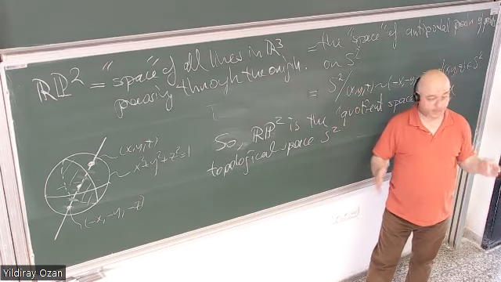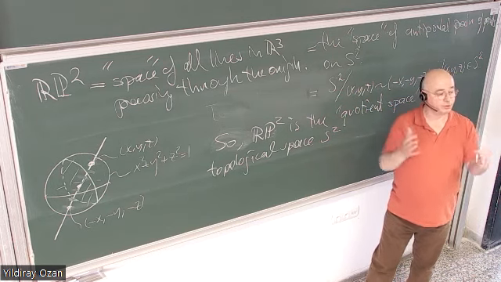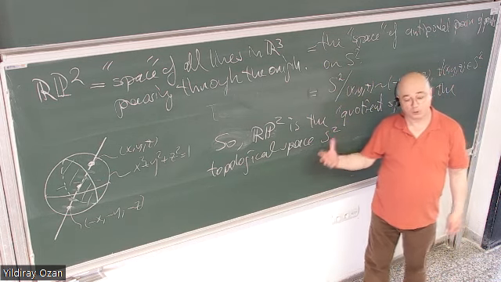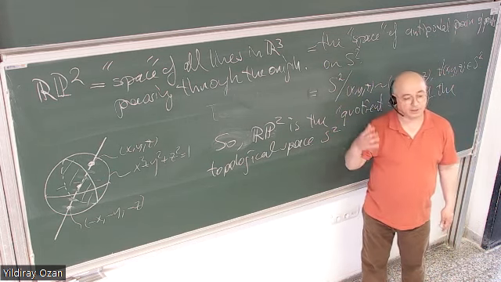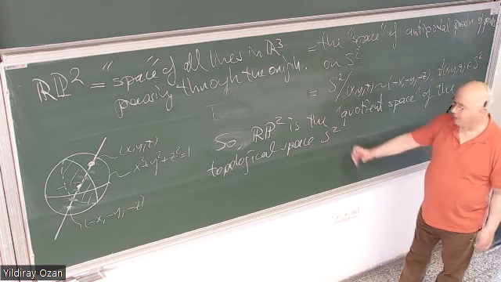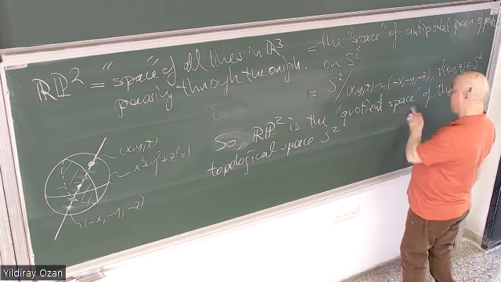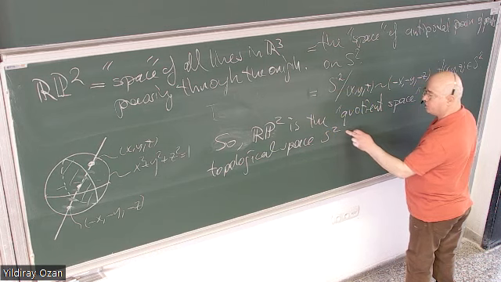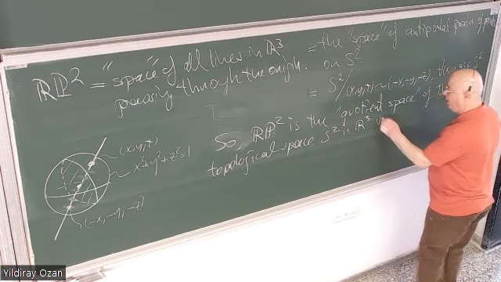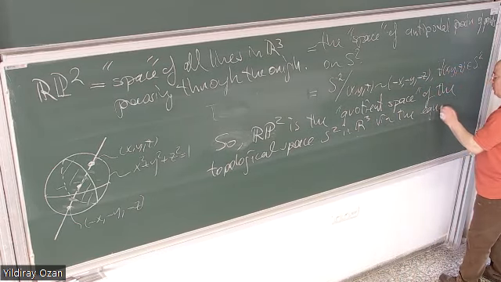R3 is a metric space, so we have open sets, closed sets, and so on. And S2 is a subset of that. Therefore, it has an induced metric on it, and therefore it's a topological space. You can define elements of topology, open sets, and so on. And it is the quotient space of the topological space S2 in R3 via the equivalence relation.